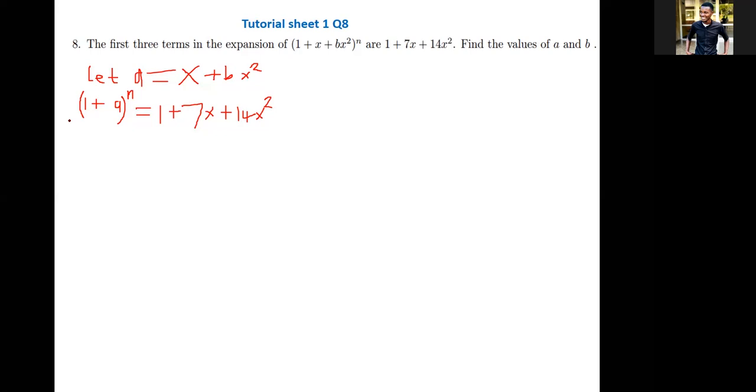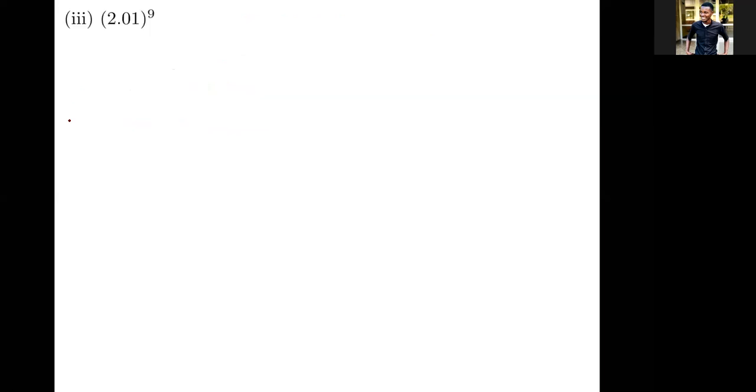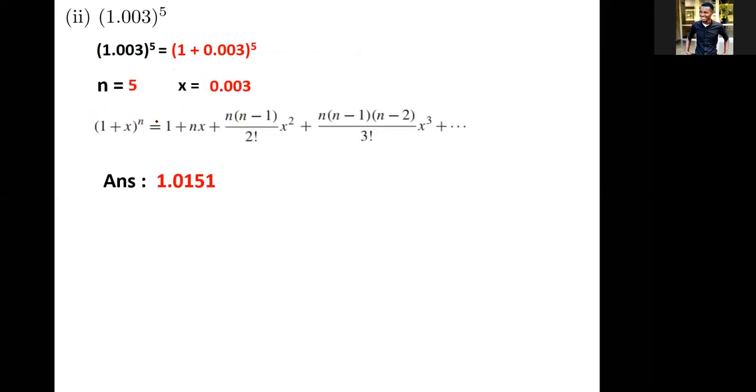Remember yesterday we looked at the extension of the binomial theorem, which is this one here. I wanted us just to take a look at it. This part here is the extension of the binomial theorem.